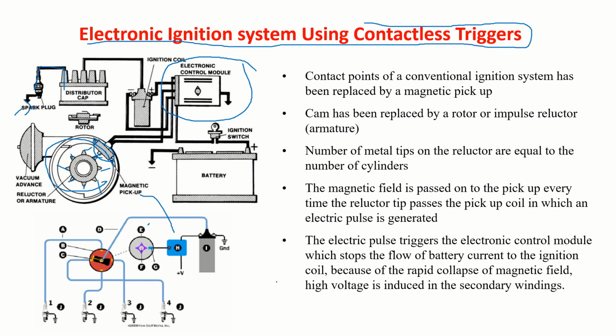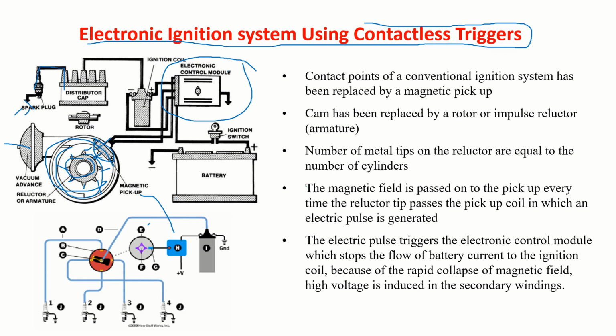So that way you have completely avoided that. The contact points of a conventional ignition system have been replaced by a magnetic pickup, as I said. The cam has been replaced by this rotor impulse reluctor. The number of metal tips is equal to the number of cylinders. Suppose there are 8 here, then it is an 8 cylinder engine.